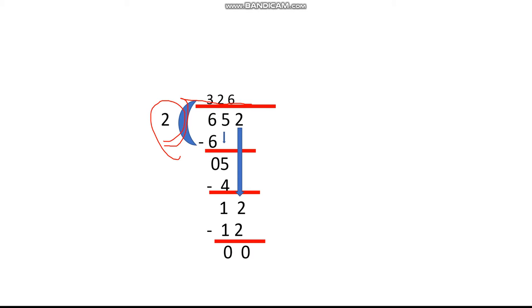Now, we know that 2 times 3 is 6, taking the times table in mind. So, whatever we get by multiplying it, we write it and subtract it to get the remainder.